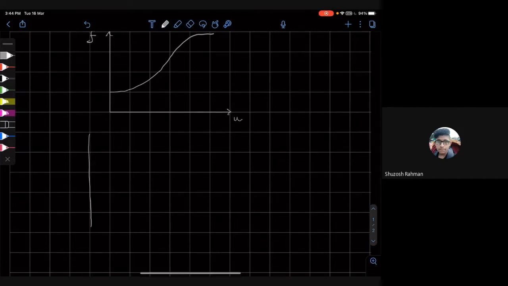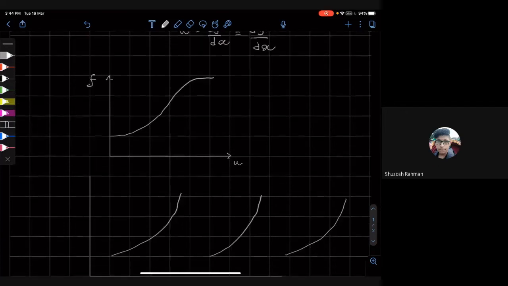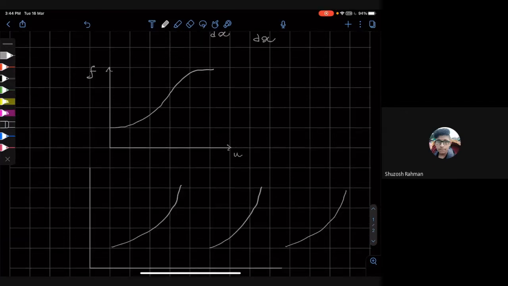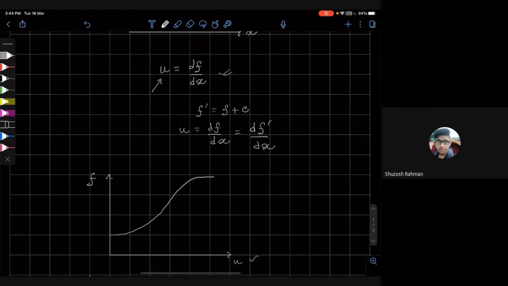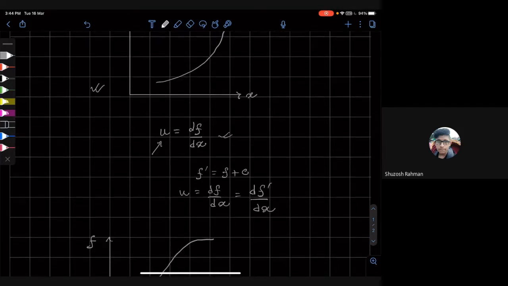So as I said before, for example, we can get the original function, but we can also get stuff like that. So to be able to reconstruct the original function, we need another piece of information: if I give you the slope, I also need to give you the intercept, right?